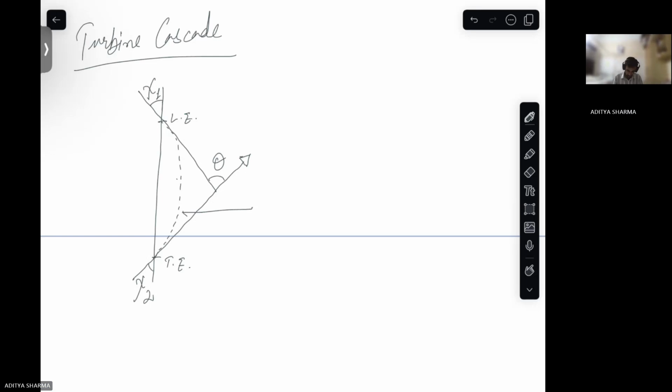So what is this? This is the camber line. This is leading edge. This is trailing edge.